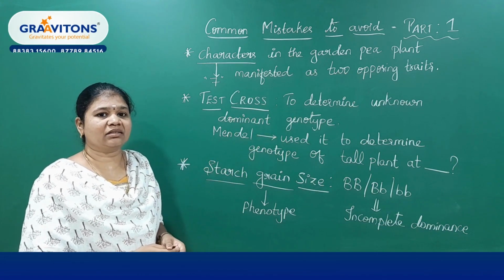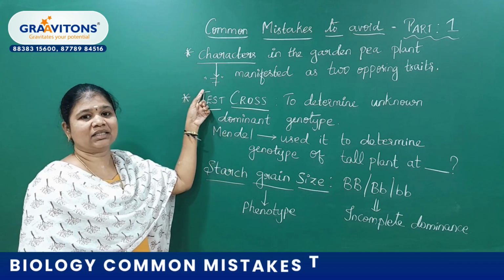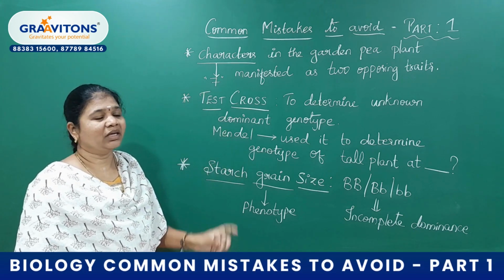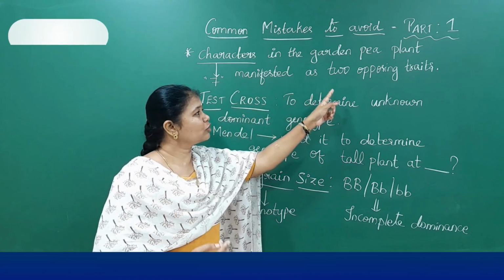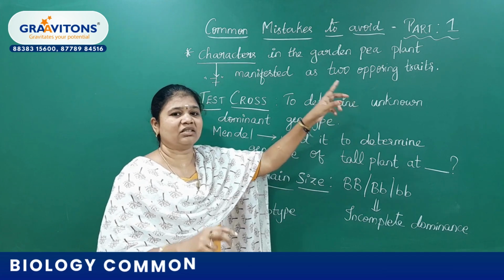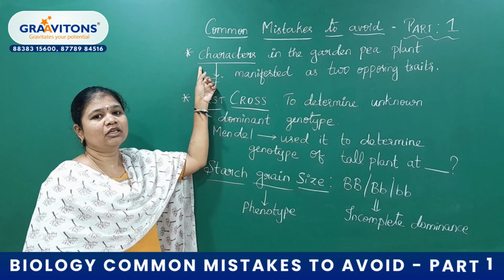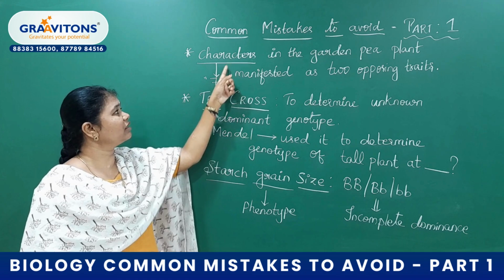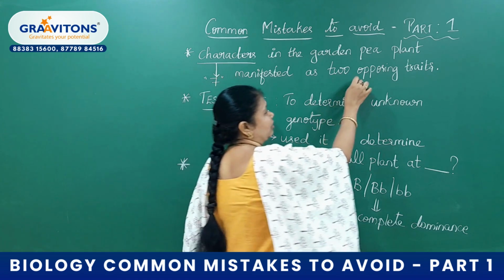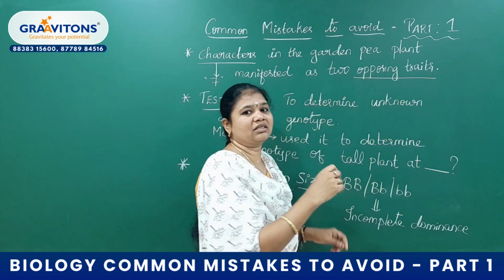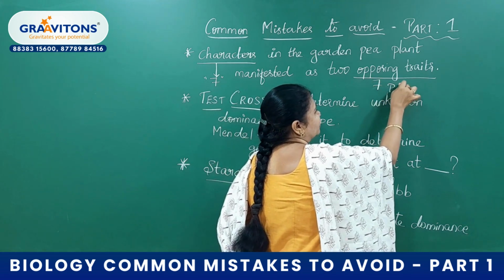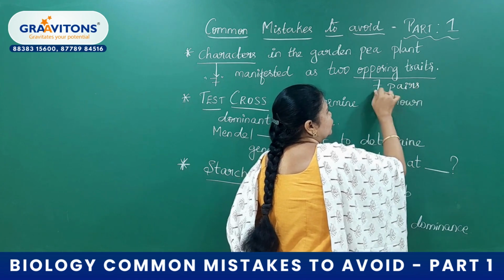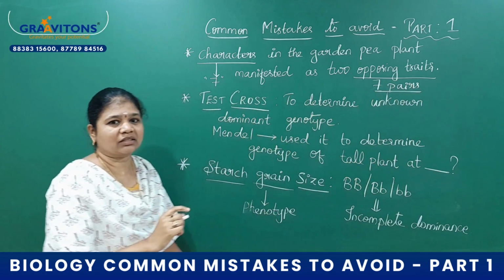If I take the example of the character stem height, it is manifested as tallness and dwarfness. So the two opposing traits are different from the characters. The number of characters studied by Mendel is 7, and the contrasting traits studied by Mendel altogether are 7 pairs. So this mistake we have to correct.